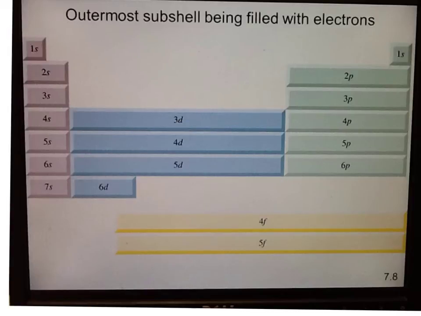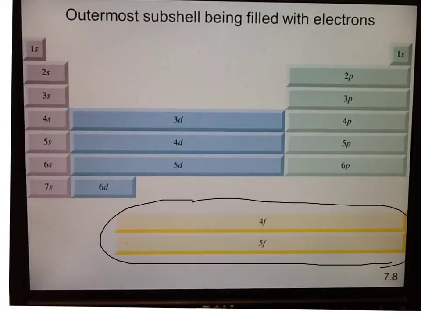And finally, at the bottom, where we have the rare earth metals, we see that they're filling the f. The f orbitals that they're filling are actually of n minus 2, because technically this row right here is actually part of the sixth period.